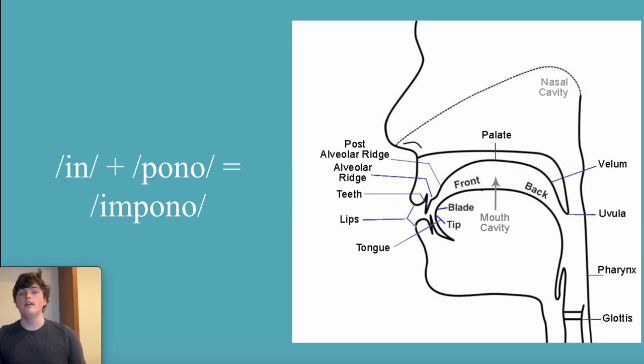For example, the N in "in" is pronounced at the alveolar ridge, right behind your teeth. It turns into M, pronounced with your lips, in "impona," because the P is pronounced with your lips.